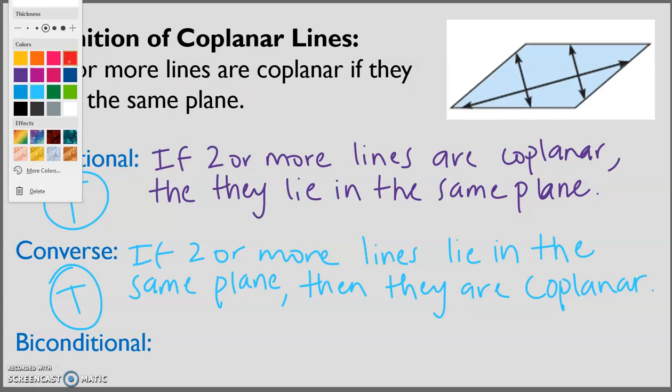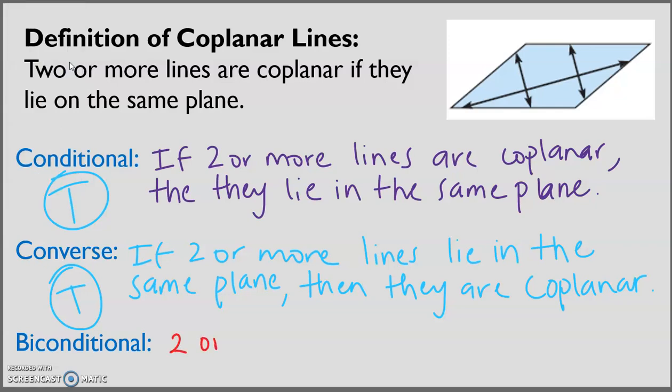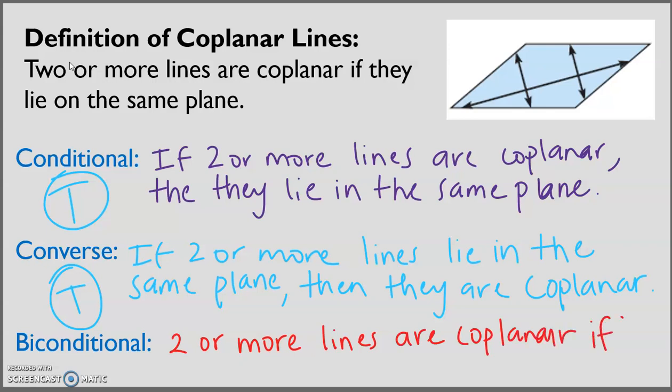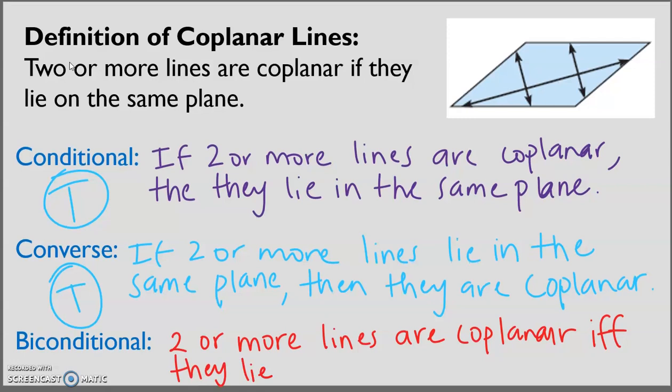So we can write this statement as 2 or more lines are coplanar if and only if, notice I use shorthand notation, if and only if they lie in the same plane. Okay?